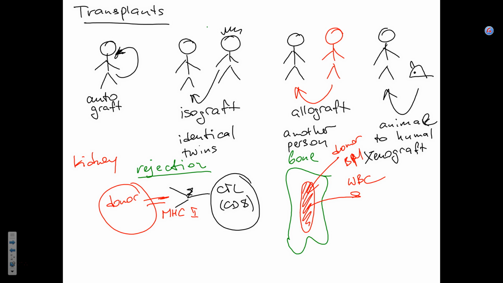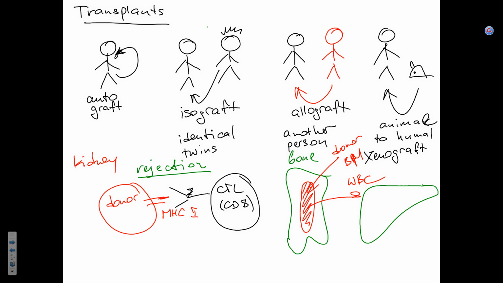And these white blood cells go into the tissues, and they see, say, a liver. What's the problem here? Those white blood cells will recognize it as foreign. They will recognize every cell in your body as foreign.